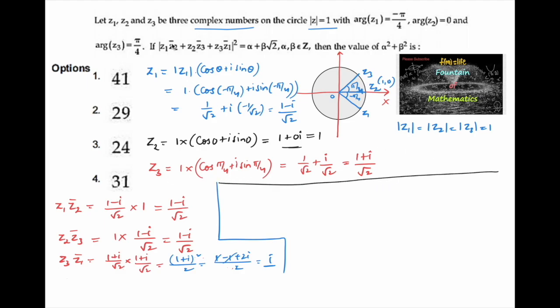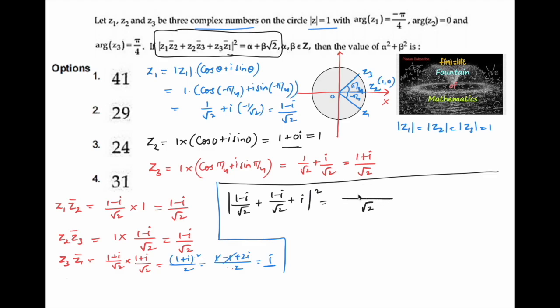So let us substitute in the question. If the mod of Z1 Z2 bar plus Z2 Z3 bar plus Z3 Z1 bar, whole square, is equal to alpha plus beta root 2, let us substitute there. We get 1 minus I divided by root 2 plus 1 minus I divided by root 2 plus I, the mod whole square. Let us simplify this. Root 2 is common in the denominator: 1 minus I plus 1 minus I, that is 2 minus 2I, and again here root 2 I, whole square.